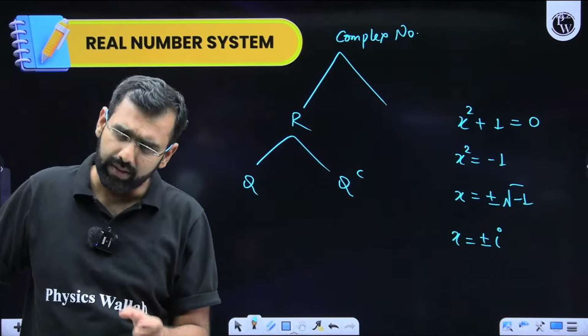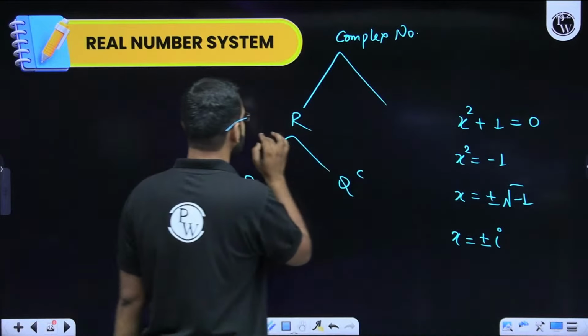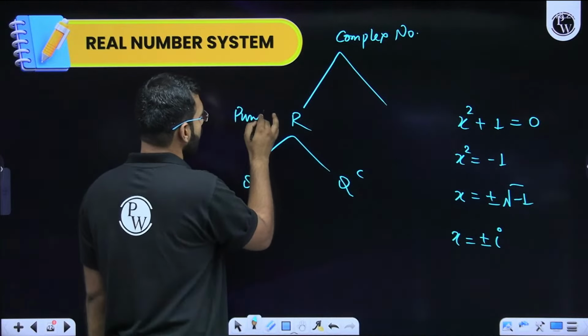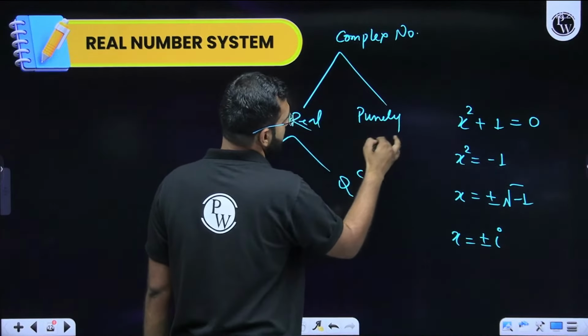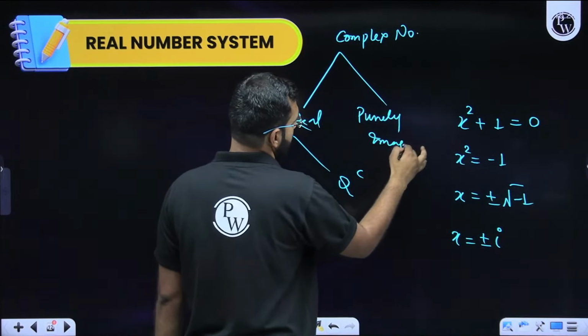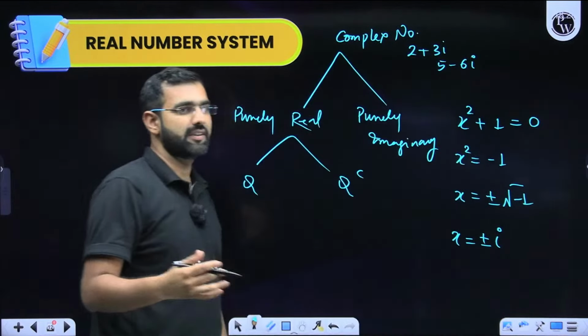Yes, in the real world, the real number set is the superset, but above it, there is a complex number set as well. Because here, this is purely real numbers, and there is a set of purely imaginary numbers as well. And when these purely real and purely imaginary are clubbed, for example, 2 plus 3 iota or 5 minus 6 iota, then you get the complex numbers.